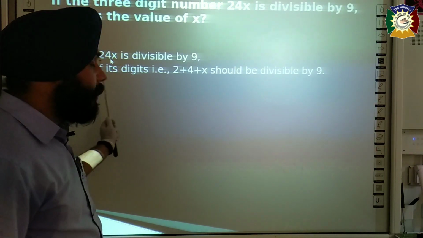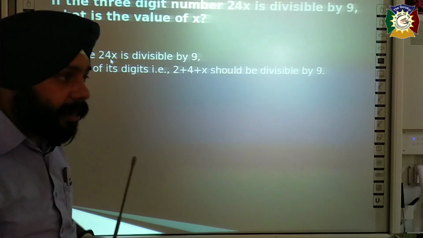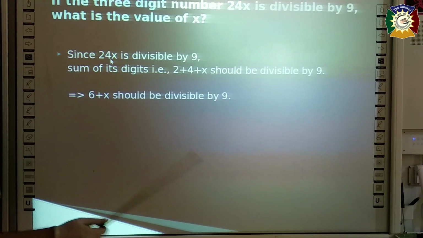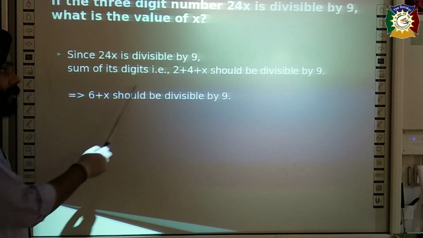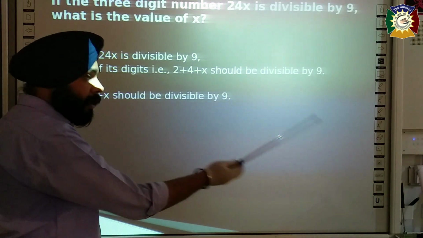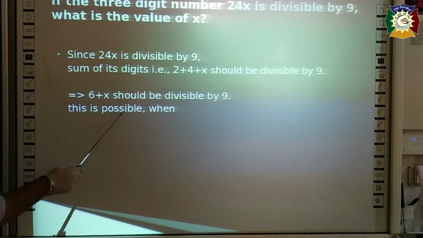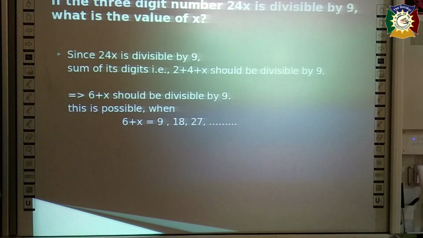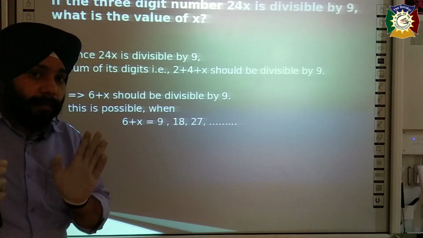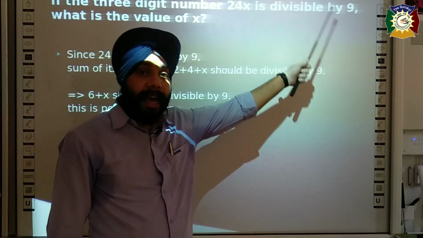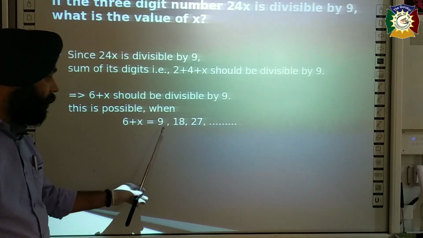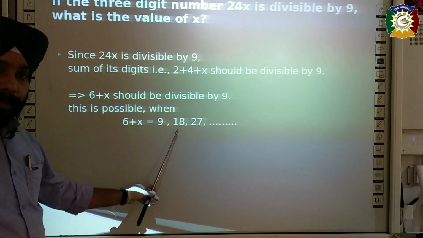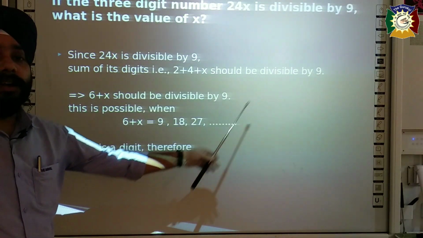This is possible only when 2 plus 4 equals 6, so 6 plus x should be divisible by 9. Remember the table of 9: 9, 18, 27, 36. So it may be any one of these. I write here 9, maybe 18, 27 and so on.